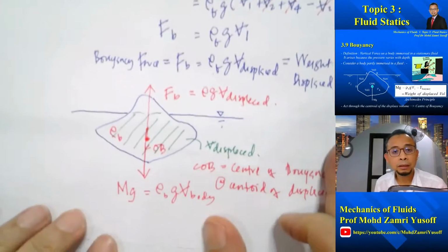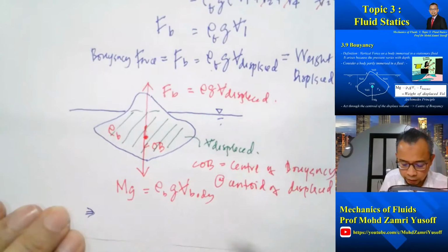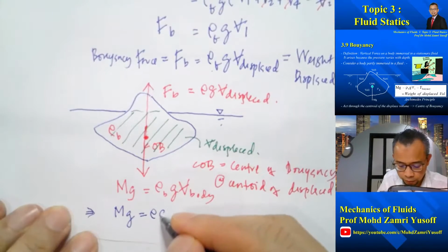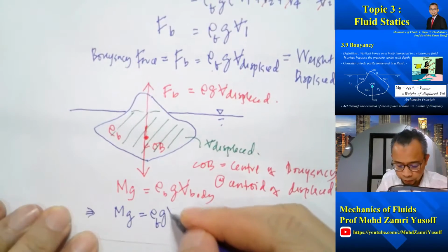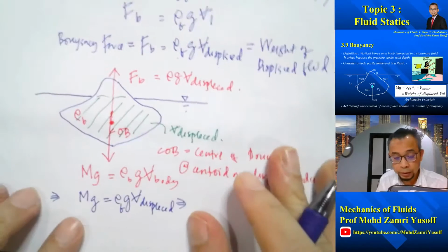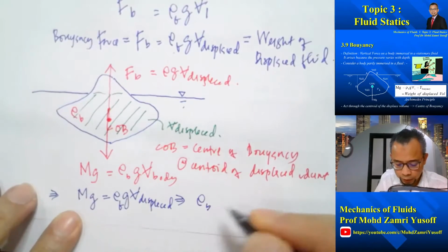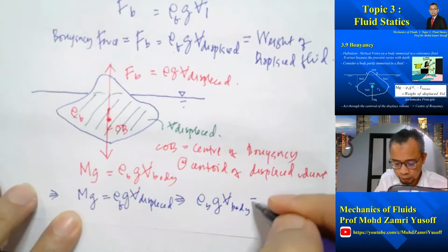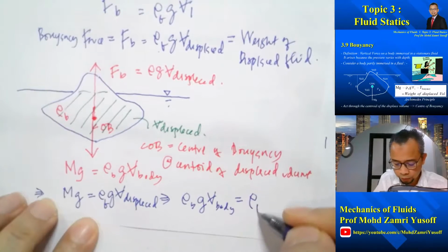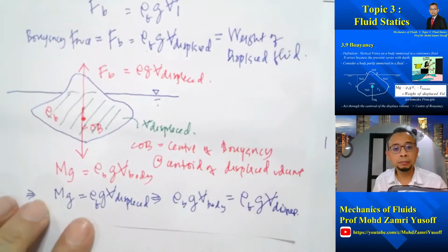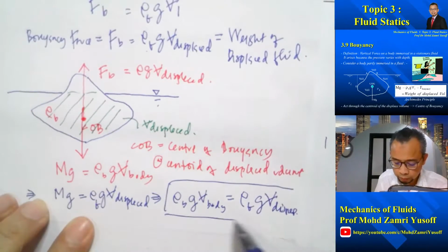So we can write an equation which says that mg is equal to rho_fluid g V_displaced, or you can also write that rho_body g V_body must be equal to rho_fluid g V_displaced.